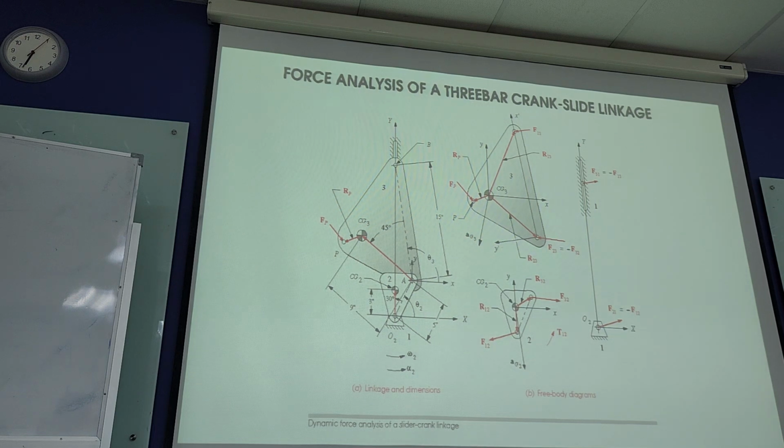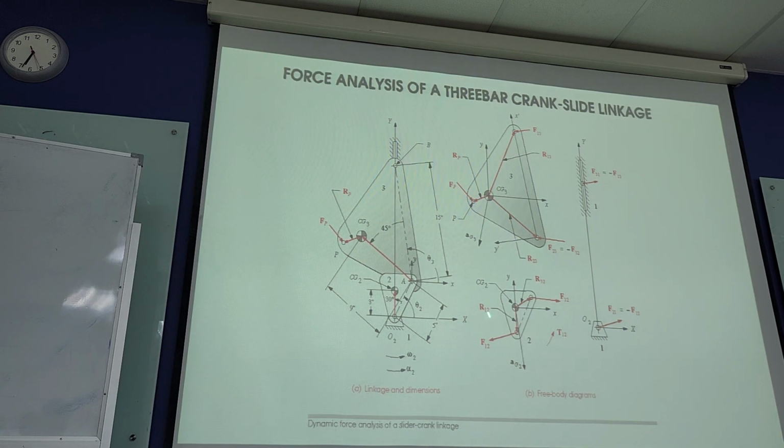In this case, you need to draw the free body diagram for each link. For the ground link, you will always have a force acting on 1, 2, and the force acting on 2, 1. So they are equal and opposite forces.